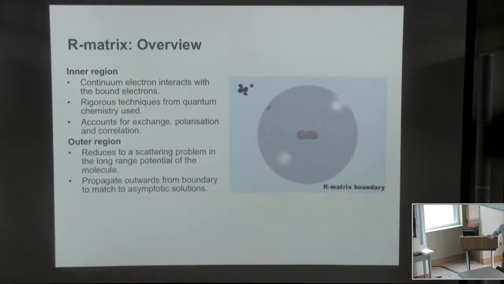As everyone knows here, the power of the technique comes from dividing the configuration space of the molecule in two regions and doing different levels of approximation in the two regions.